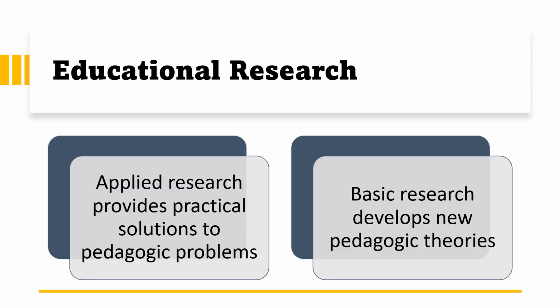In the field of education, applied research is used to improve teaching and learning methods by providing practical solutions to pedagogic problems. On the other hand, basic research is used in education to develop new pedagogic theories that explain different behaviors by teachers and students within the learning environment.